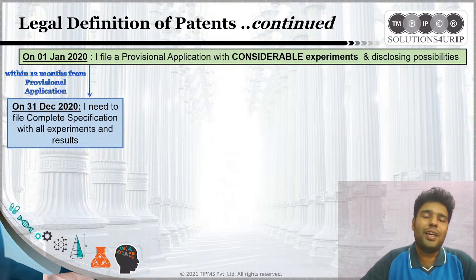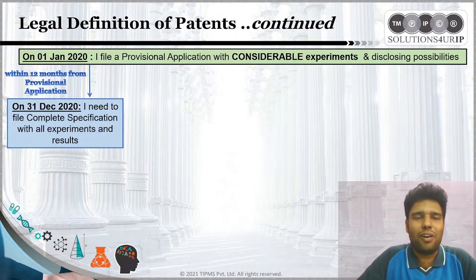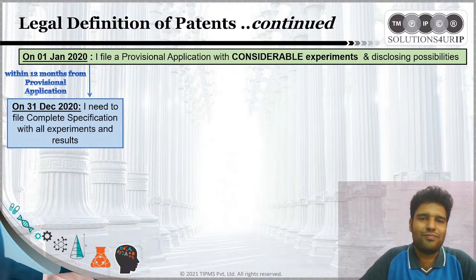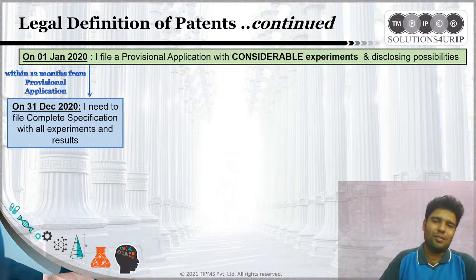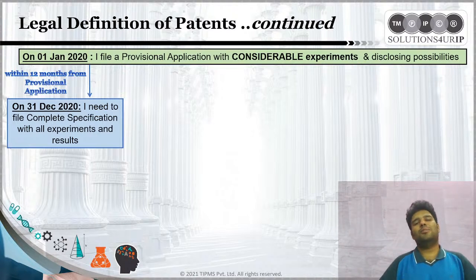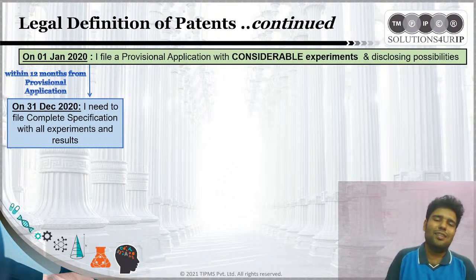And form 3 needs to be filed repeatedly, not only once. Form 3 needs to be filed repeatedly within 6 months of some particular events occurring in due course of this particular patent application. Okay, within each 6 months of some events occurring in the due course of the patent application process or the patent prosecution process, you have to file additional fresh form 3s.